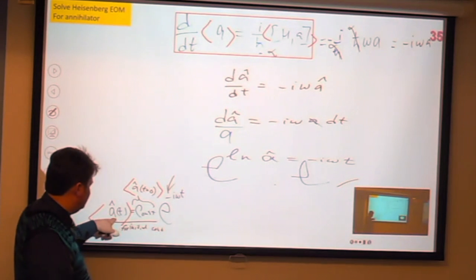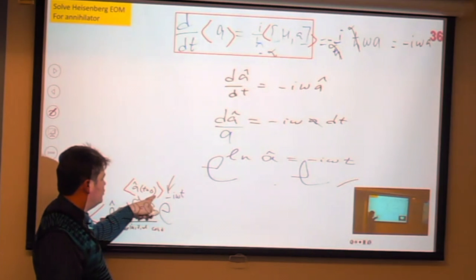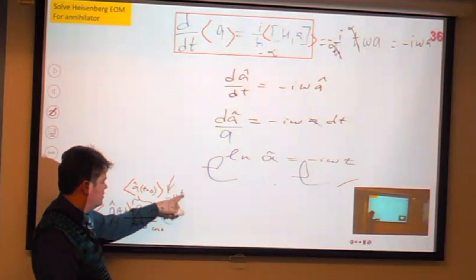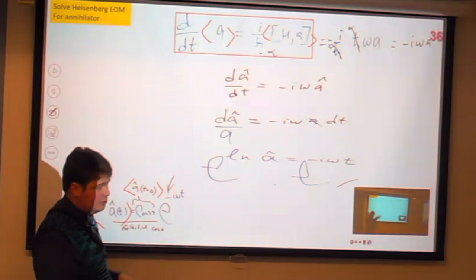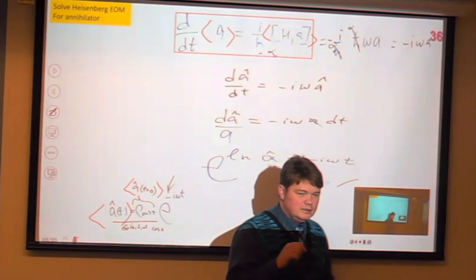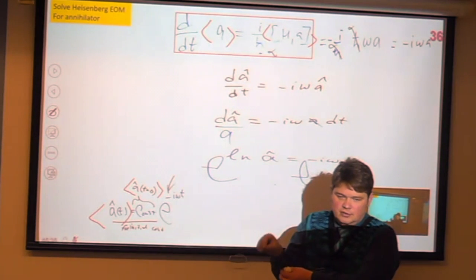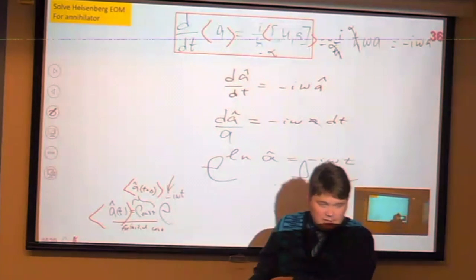So the expectation value of the annihilation operator at time t will be whatever we got at time 0 times the accumulated phase. Well, times the exponential to the power of the accumulated phase, right? So it means that on the complex plane, you keep the same radius and go around in the real-imaginary plane, just so.